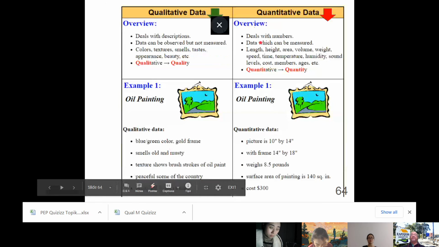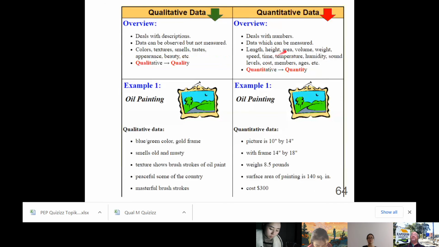Okay, so let's have a look at the quantitative data. I read the overview first. Quantitative data deals with numbers. It can be measured.